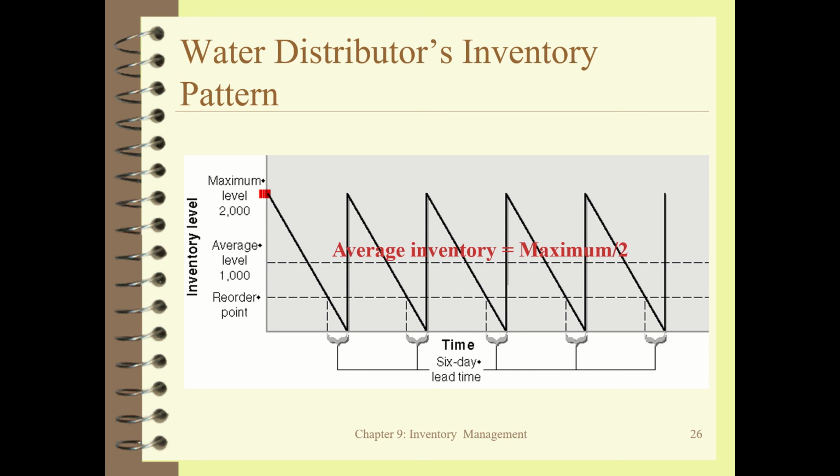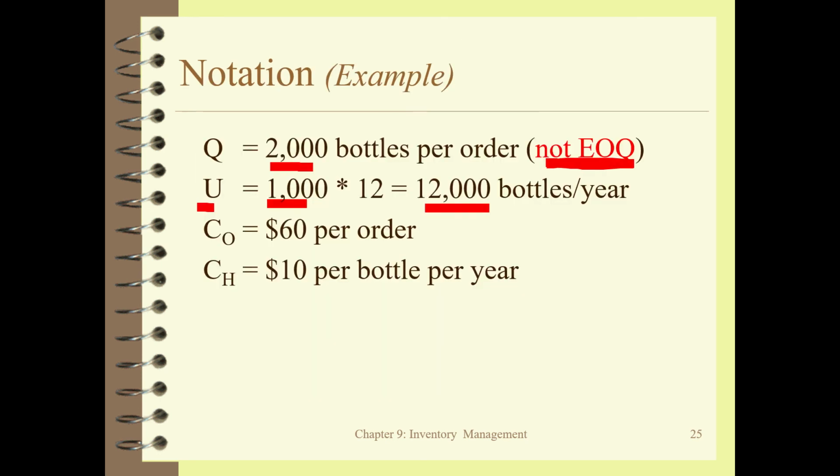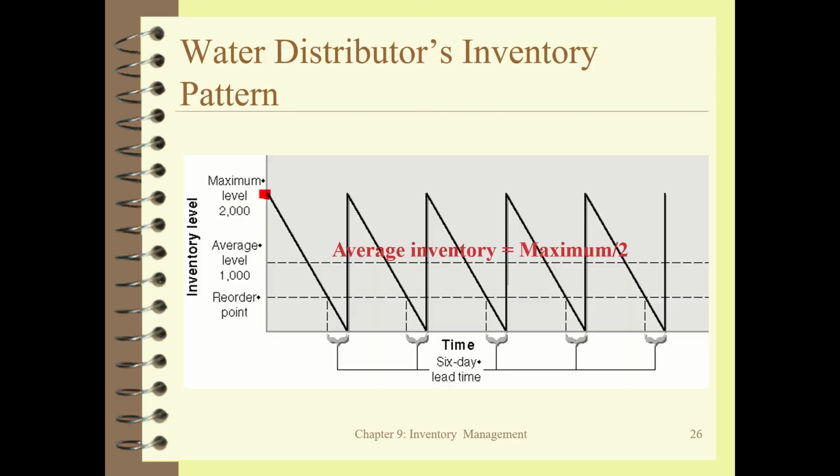The maximum inventory level is 2,000. The usage rate is 1,000 per month, so after 1 month passes, the inventory will be reduced to 1,000 and finish after 2 months, right?